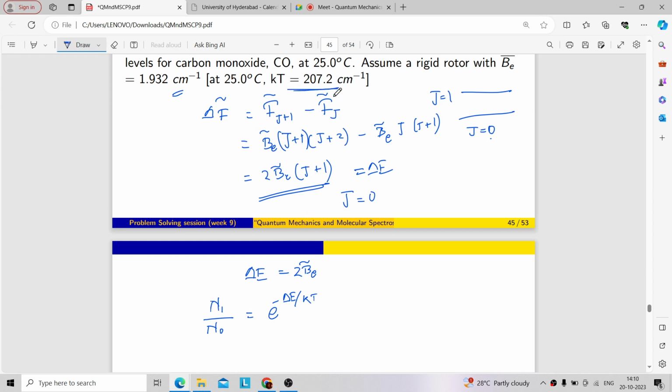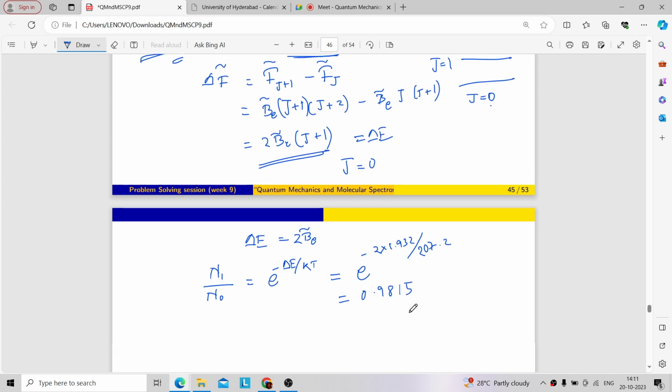Be value is given, so if we put all the values here, we will get e to the power minus 2 times Be, 1.932, divided by kT, 207.2. So this will give us 0.9815.